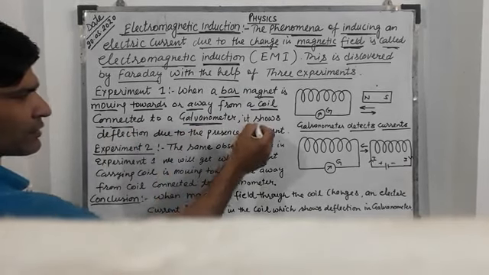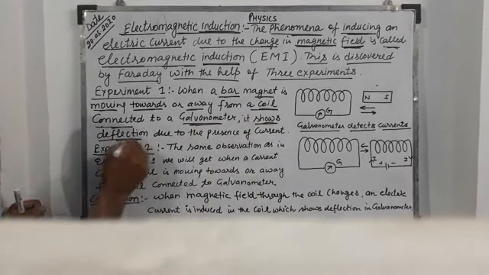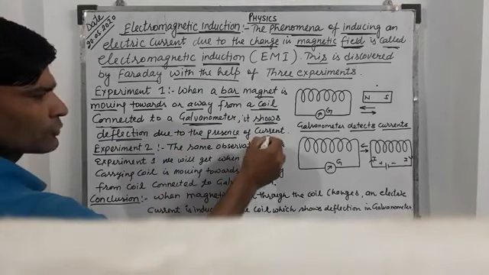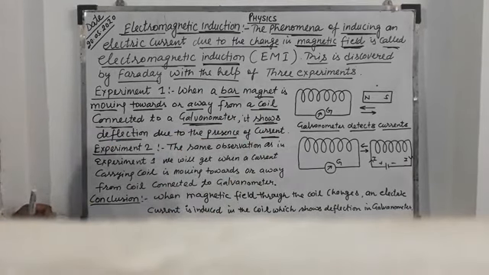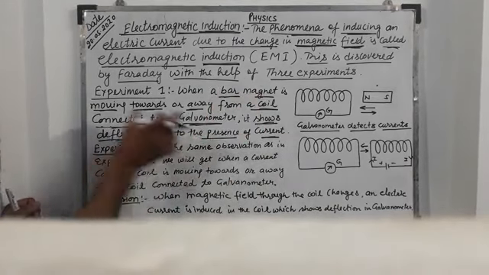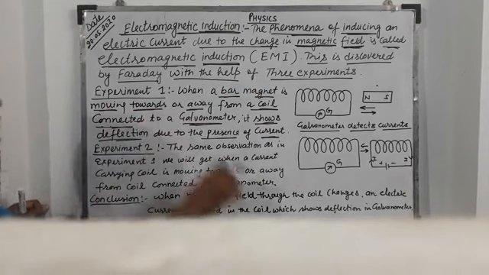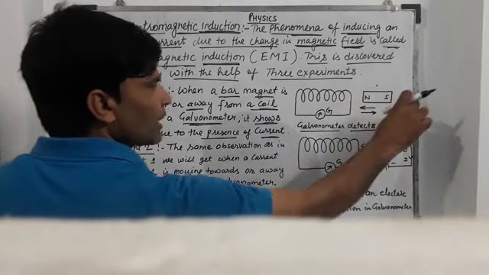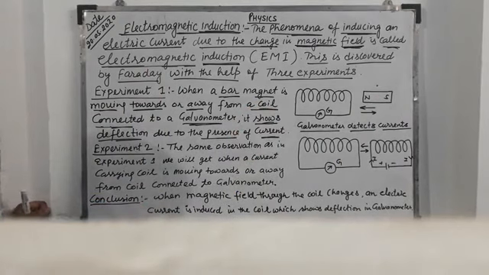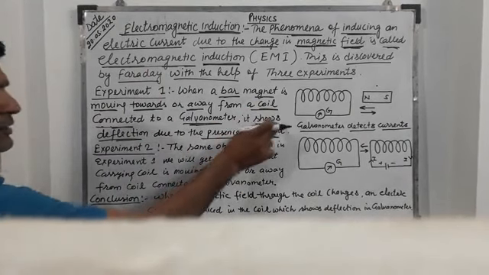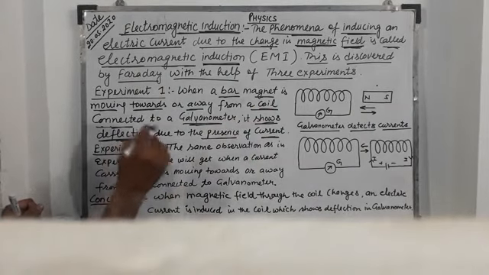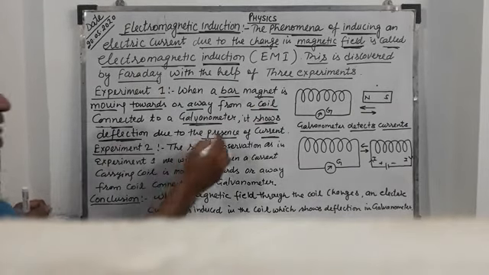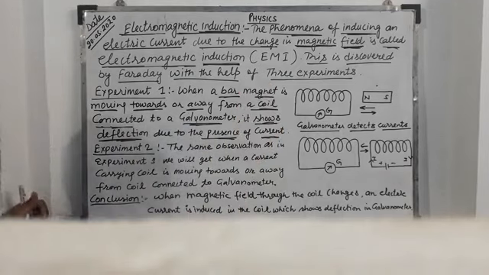A galvanometer shows deflection due to the presence of current. Once again, when a bar magnet is moving towards or away from a coil connected to a galvanometer, the galvanometer shows deflection due to the presence of current.